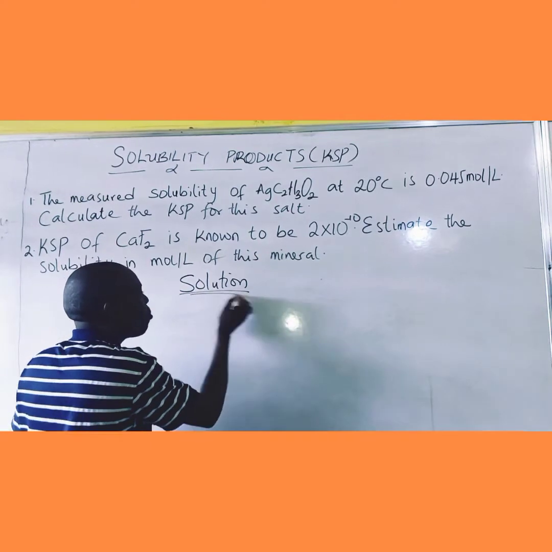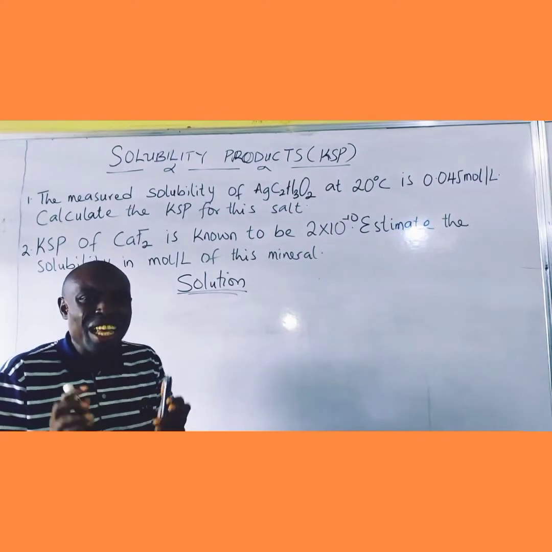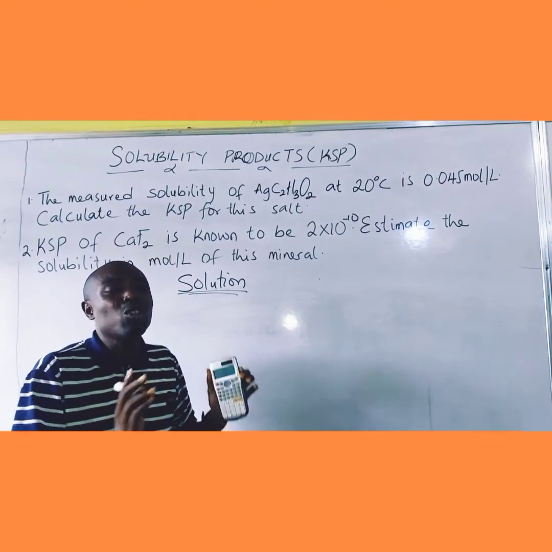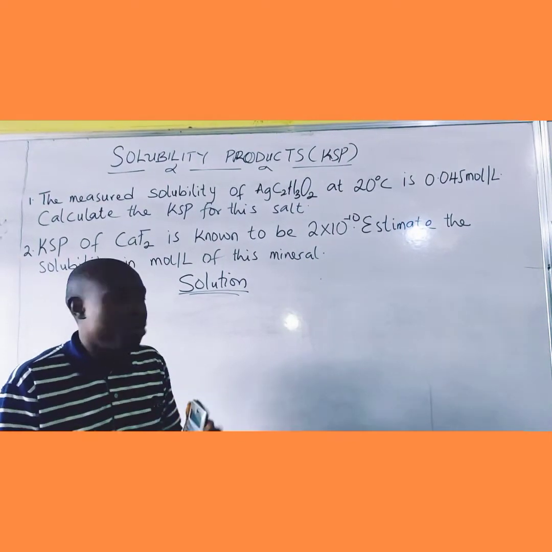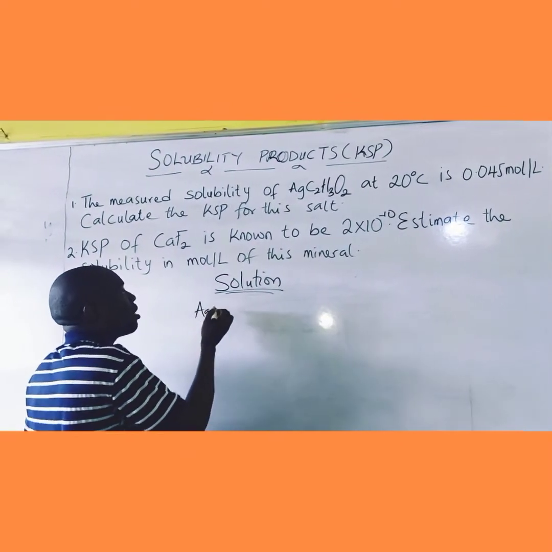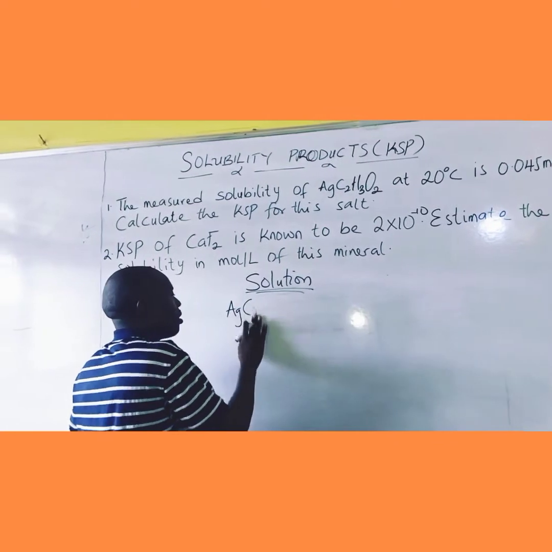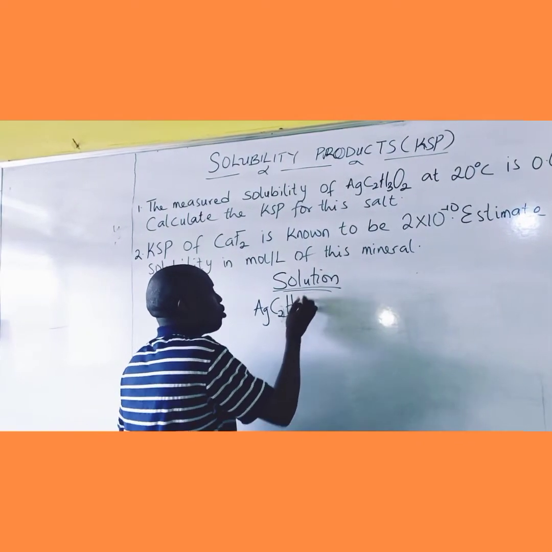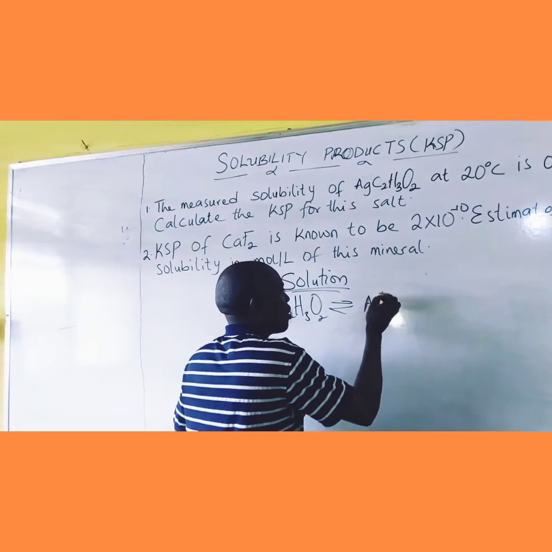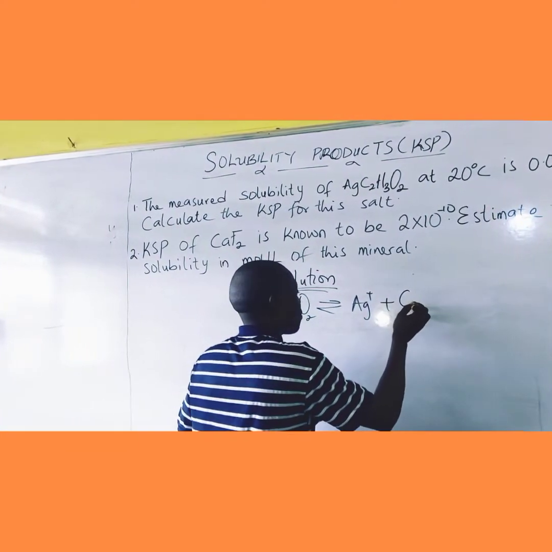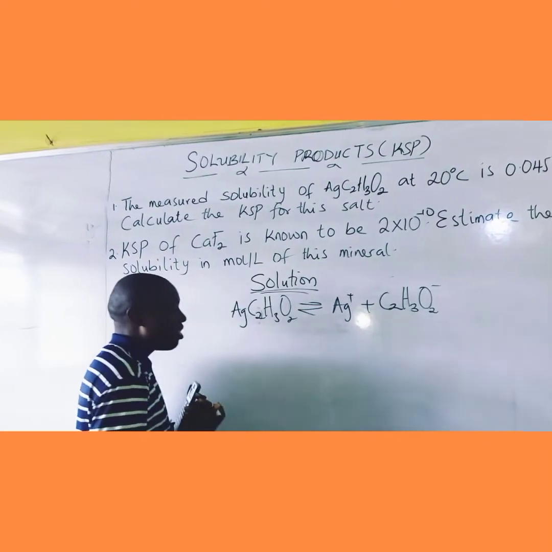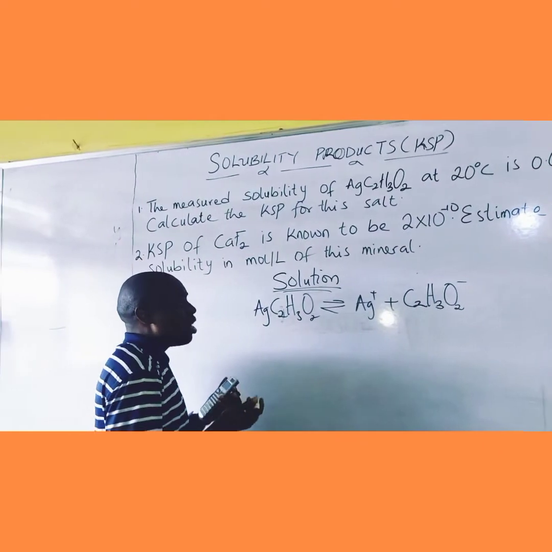Very simple. I'm going to give you the steps that are involved and also the shortcut we use in solving such questions with ease without wasting time. Now, the silver ethanoate, remember, when the salt dissociates, you'll have Ag plus and the ethanoate ion.